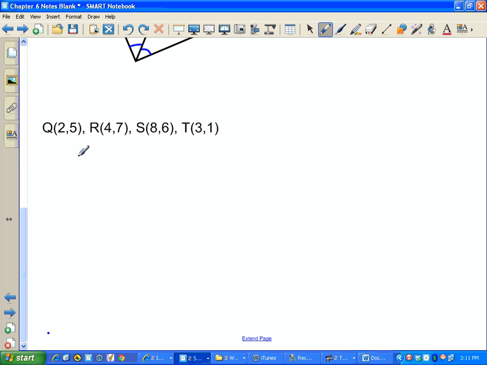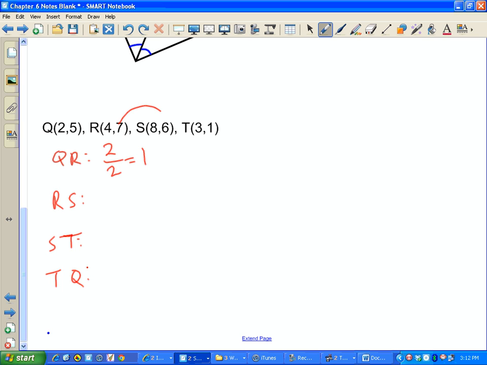If they give you points, then we're back to using slopes and distance formula. So let's find the slopes first, because that's going to tell us the most information. For QR, I'm going to take 7 minus 5 and get 2, and 4 minus 2, which is 2, so I'm going to get 1.